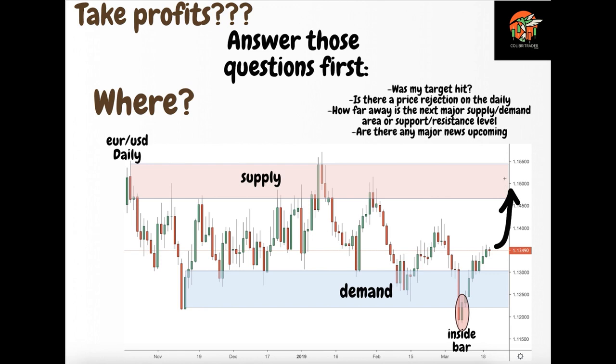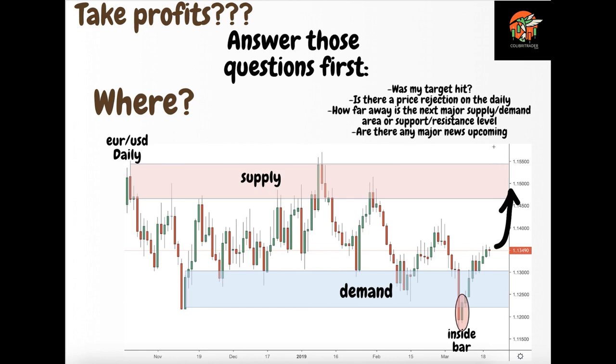But then if it reaches this level and it doesn't show a sign of deceleration or people taking off money from this trade, but let's say there is a huge green candle here that pierces through the supply area, am I going to take my profits? Well, apparently not, because what happens after this green candle is crucial. If we have an inside bar somewhere here, it will be a perfect entry scenario for a short trade, and in my case I would just take off the money from this trade.